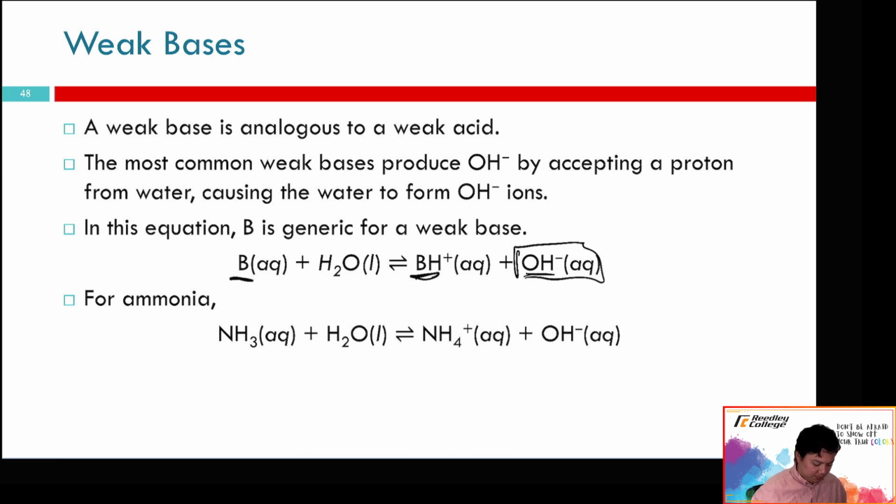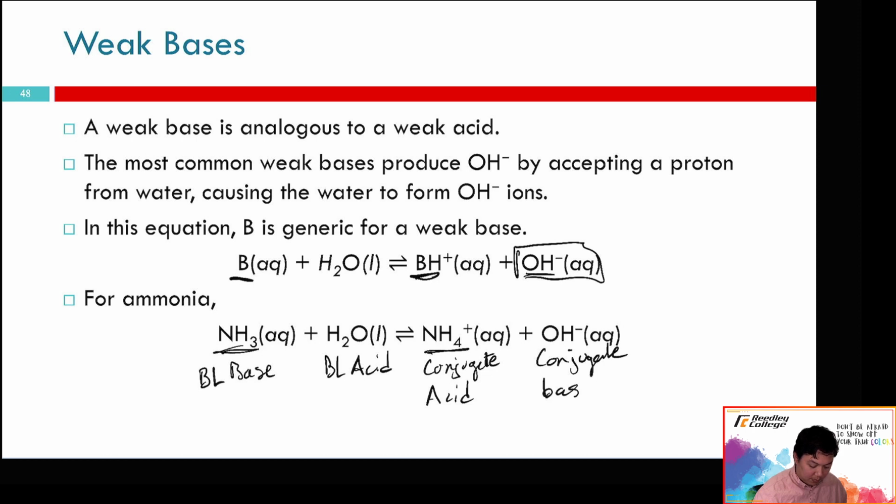So for ammonia, and we make ammonium, we might as well here just say this is our Bronsted-Lowry base, accepting a proton, Bronsted-Lowry acid, donating a proton, and then our conjugate acid, or conjugate base.